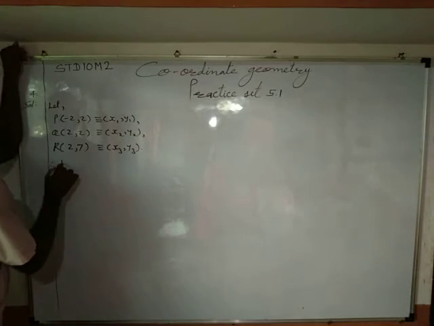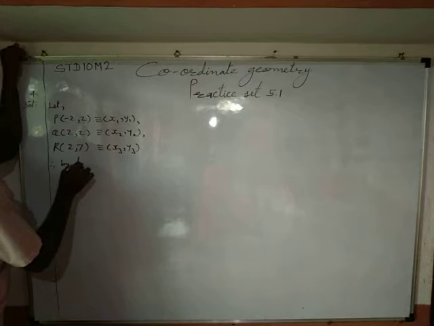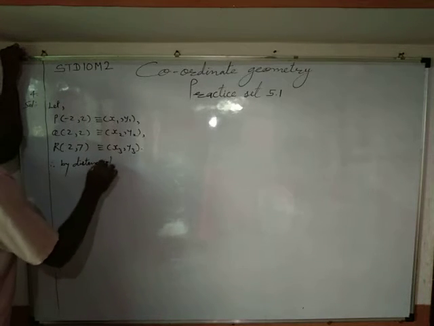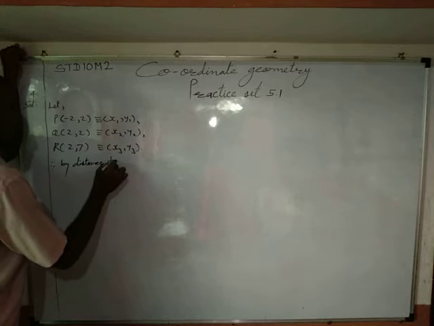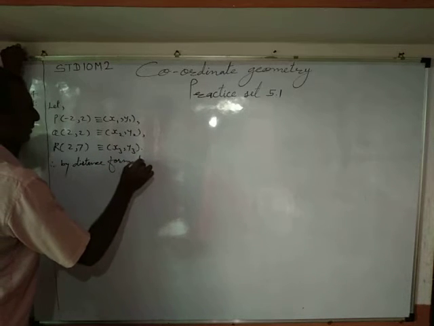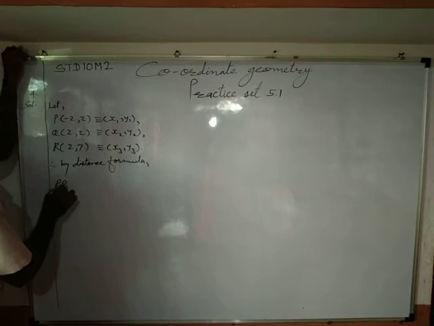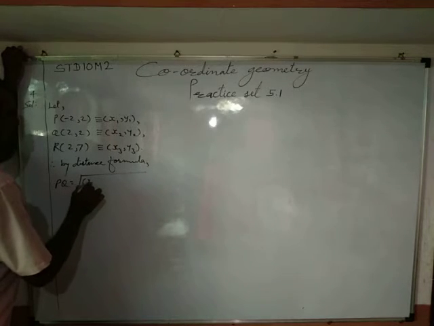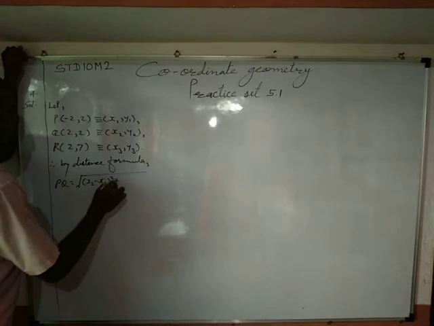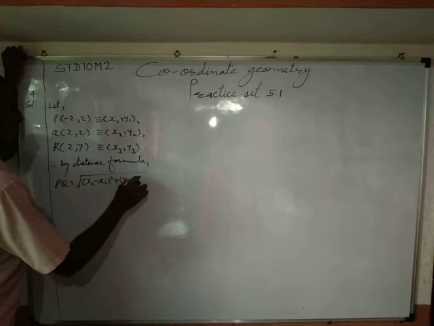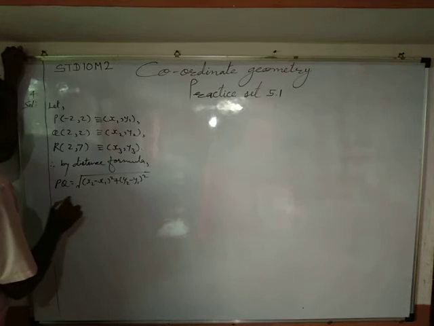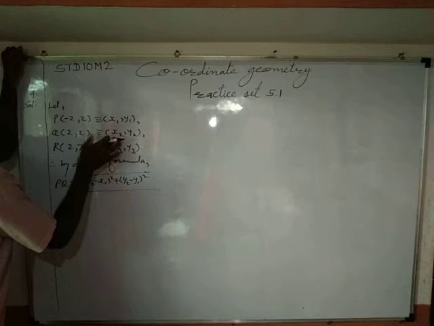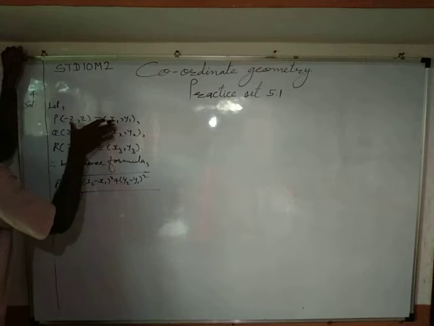Therefore, by distance formula, PQ equals under root (x2 minus x1) bracket square plus (y2 minus y1) bracket square, equals under root, value of x2 is 2 and value of x1 is minus 2.